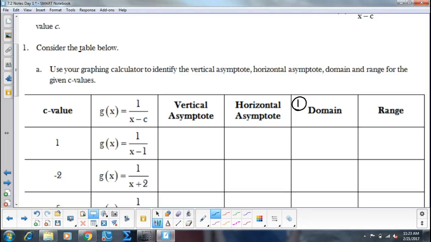So what am I looking at in my rational function? We just did 3 of them. What about the denominator? What number makes it equal to 0? What makes the denominator equal to 0?